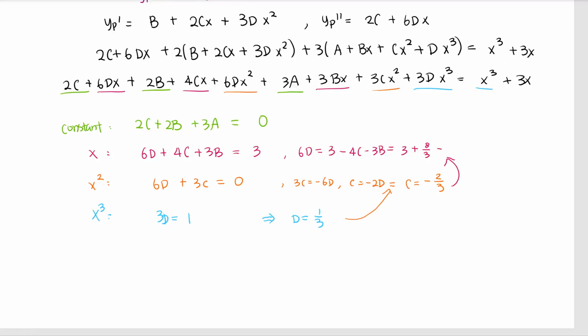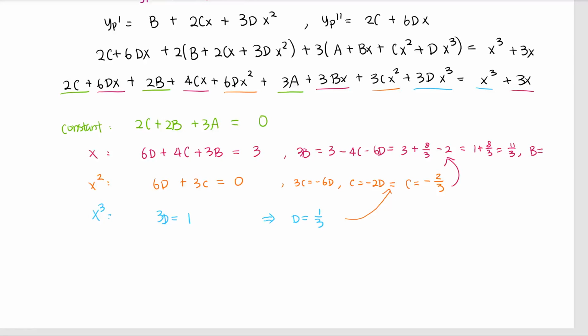3b. Oops, I'm solving for b, sorry. So 3b is 3 minus 4c minus 6d. 6d is 2, so minus 2. 3 minus 2 is 1, and 1 plus 8 over 3 is 11 over 3, right?